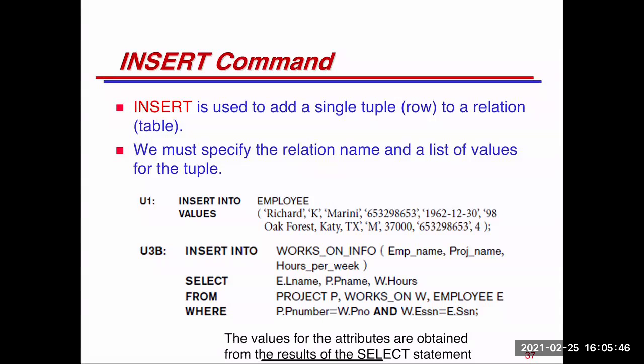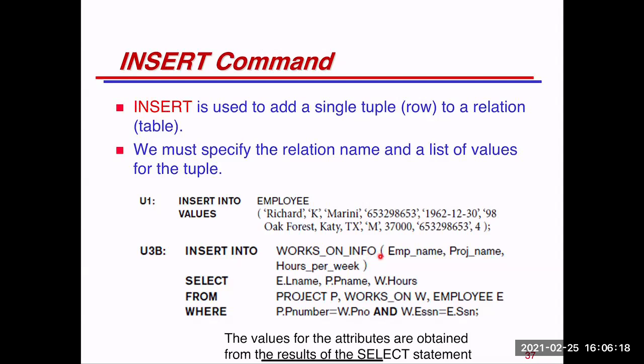Here is another example. This is a bit more involved because you can see that we're actually getting the values for the attributes by writing a select statement. The syntax is basically the same as up here. So insert into, we're inserting something into the works on info table.